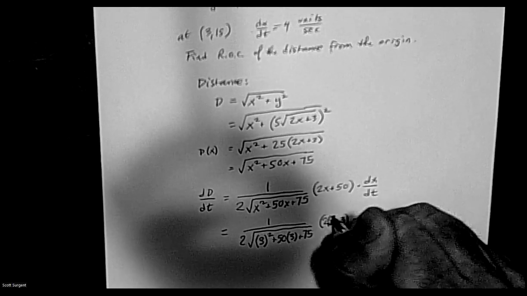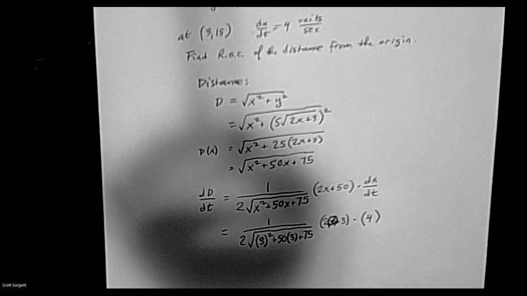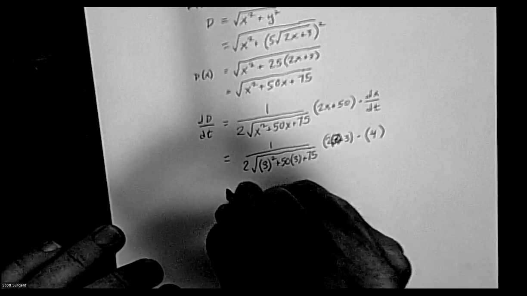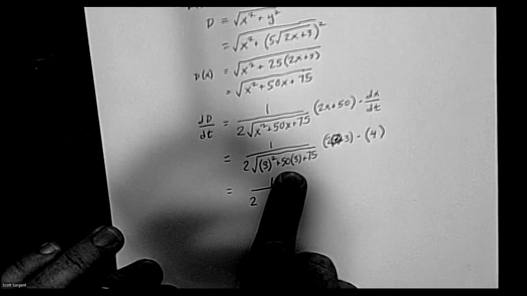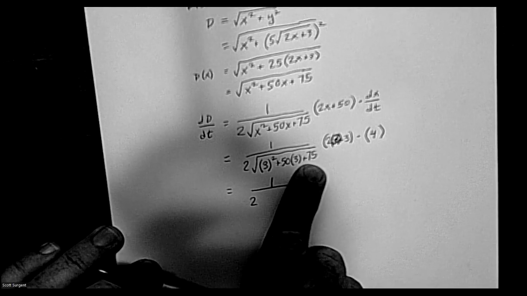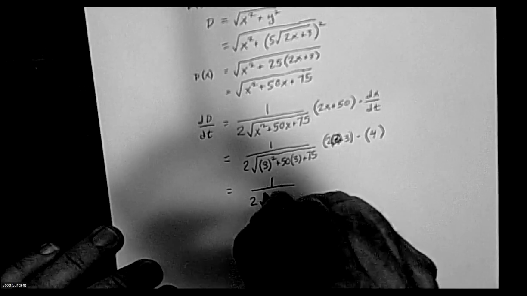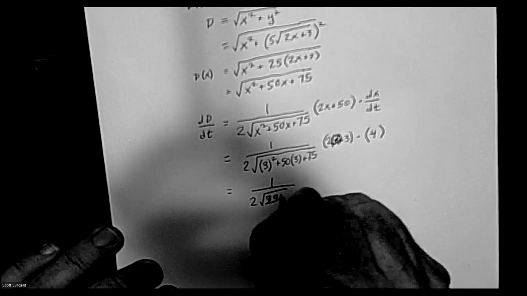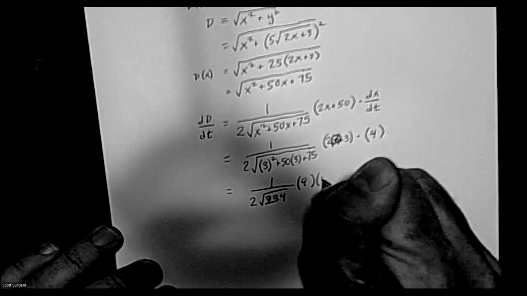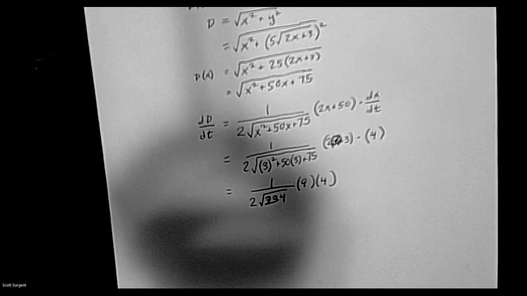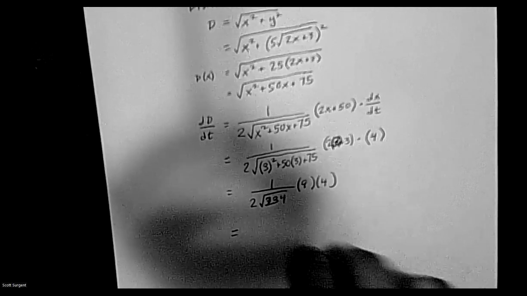Sorry, and I'm sorry for the mess. Let me clean it up here. It's going to be 1 over 2 square root of 9 plus 150 plus 75. That's 234. I'll do this in my head. And then, of course, we have the 4. Let me double check that calculation here. So 9 plus 150 plus 75. Yep, looking good.